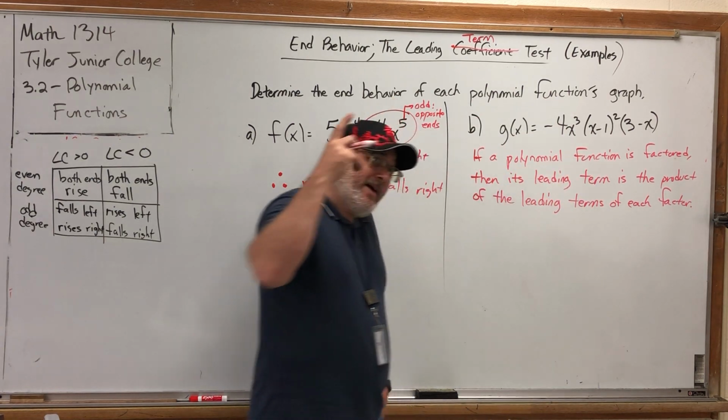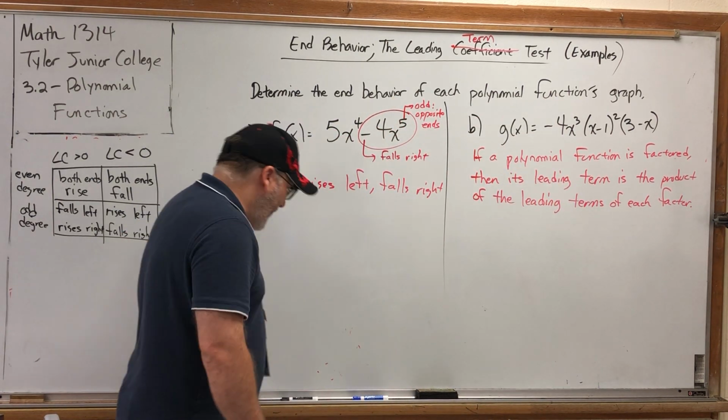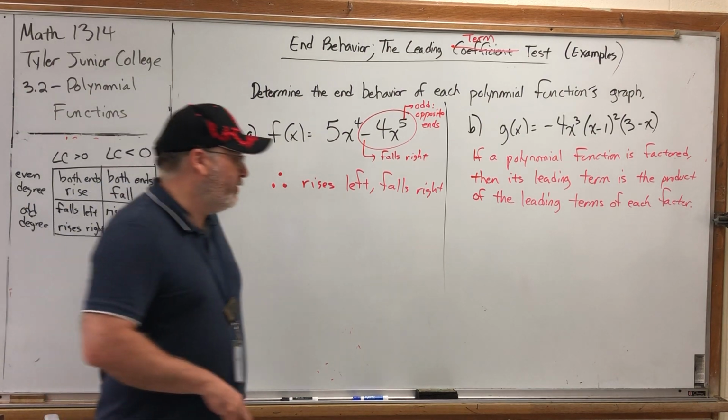In other words, I don't have to multiply it all out if all I want is the leading term. I only have to get the leading terms of each factor and put them all together.